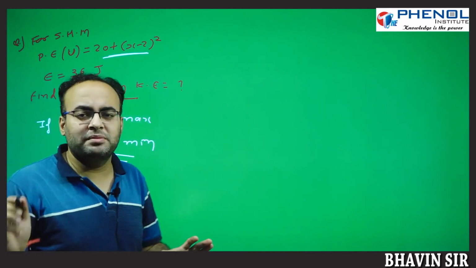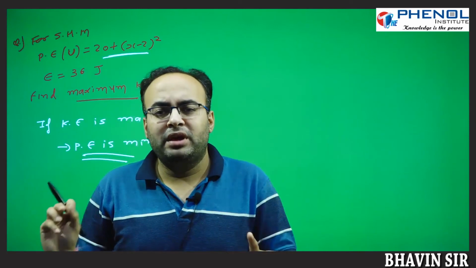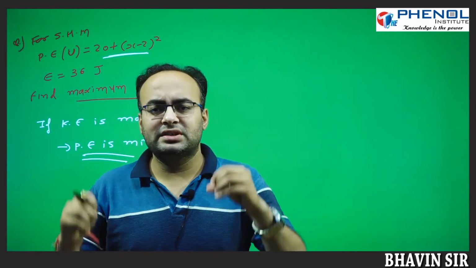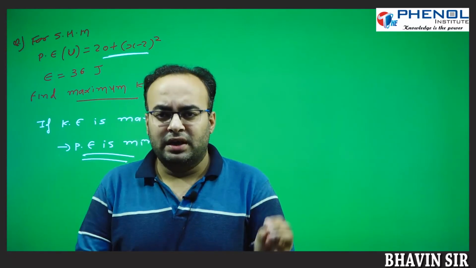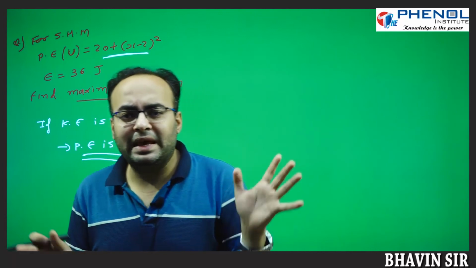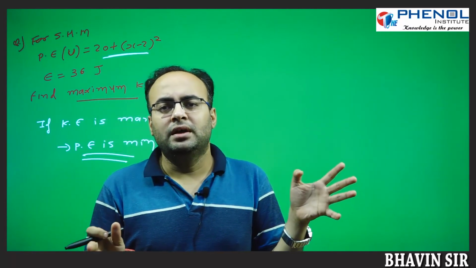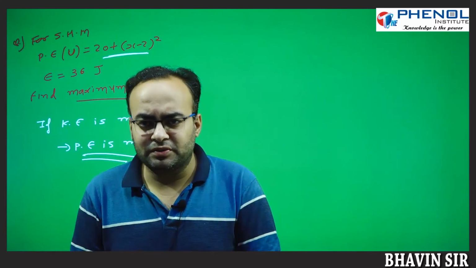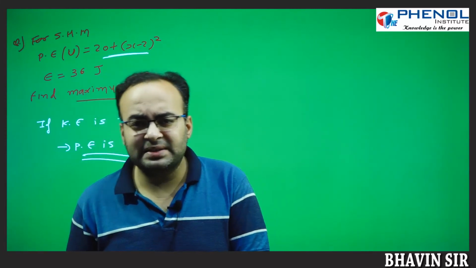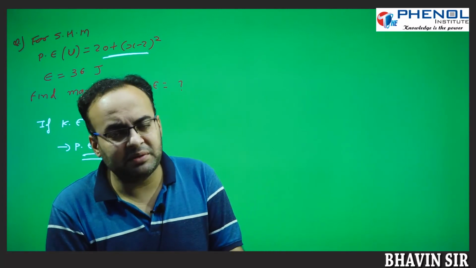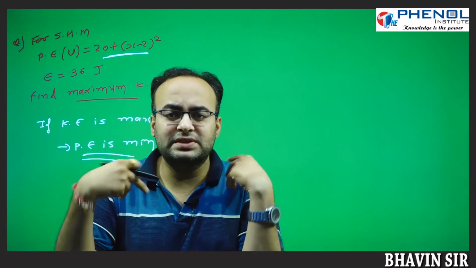Remember one thing: if any quantity is maximum or minimum, then its differentiation is always 0. So here kinetic energy is maximum, so its differentiation is 0. Here potential energy is minimum, so again its differentiation is 0.